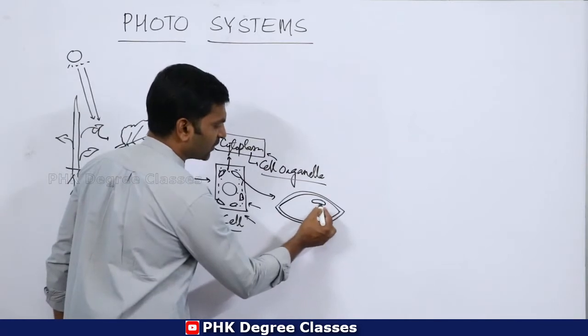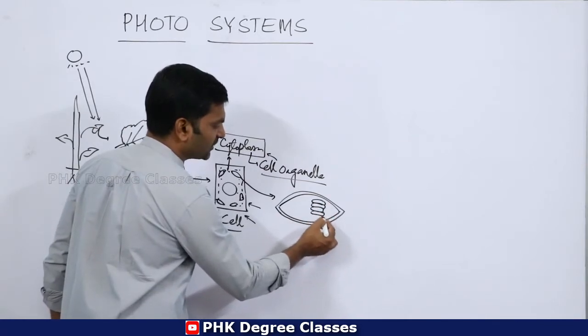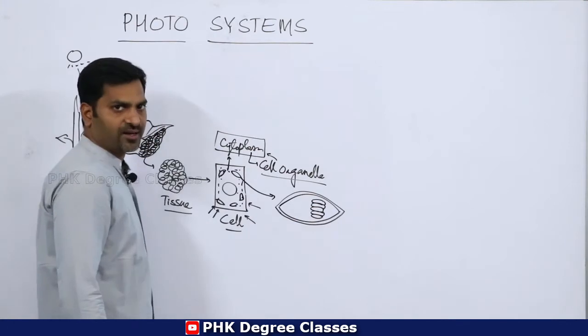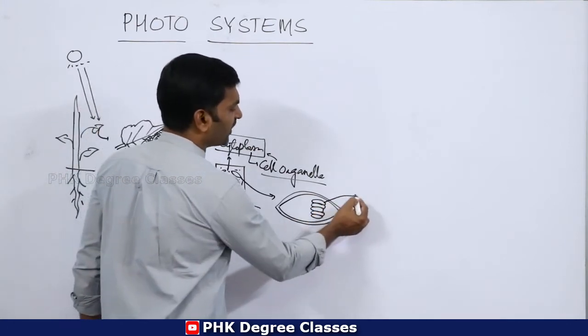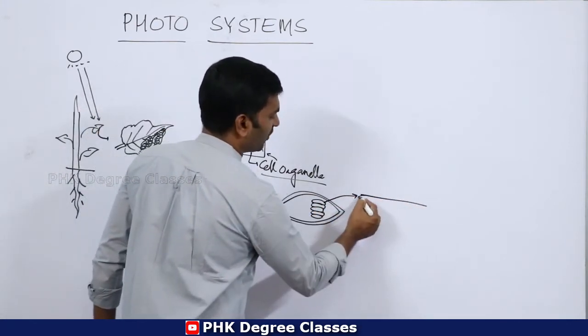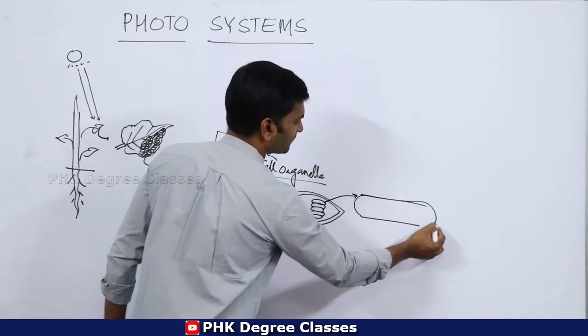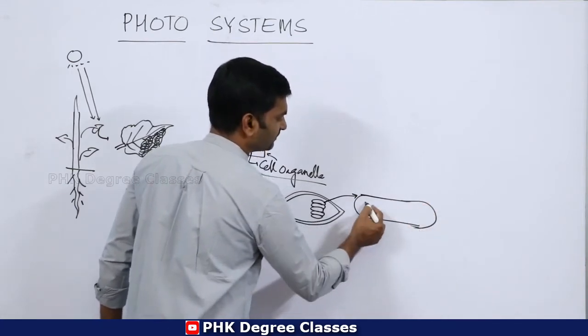Inside the chloroplast there is the thylakoid. A group of thylakoids can be called grana. Now I isolate one particular thylakoid. This is the thylakoid structure.